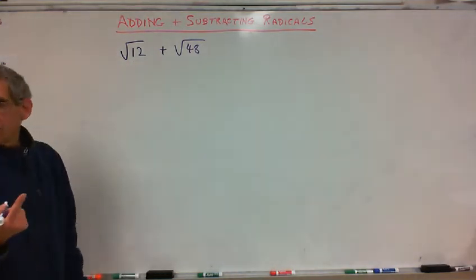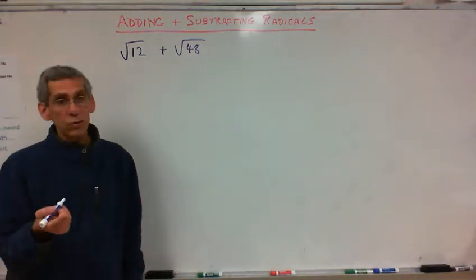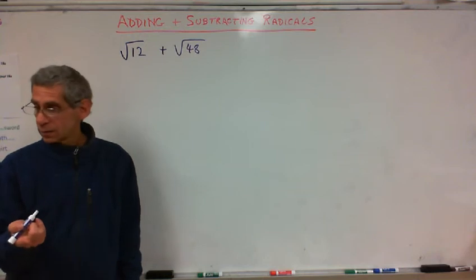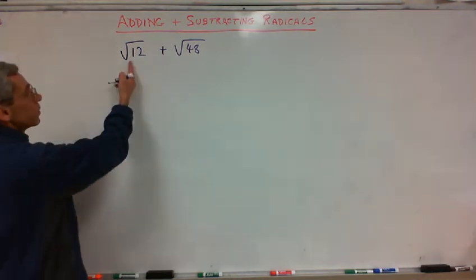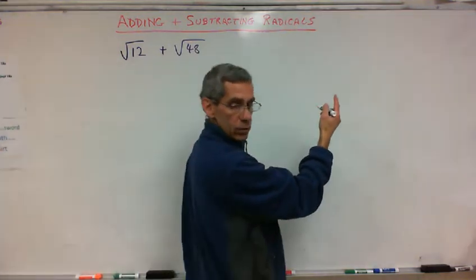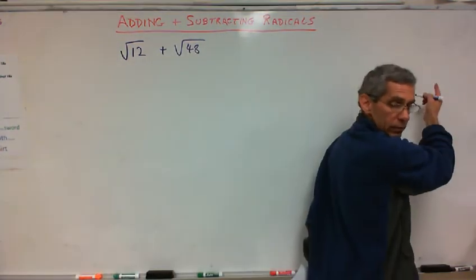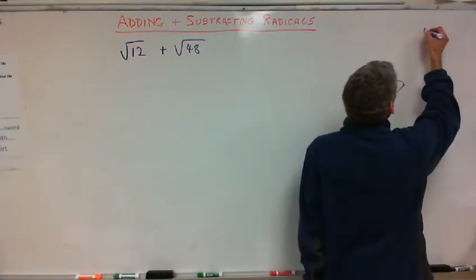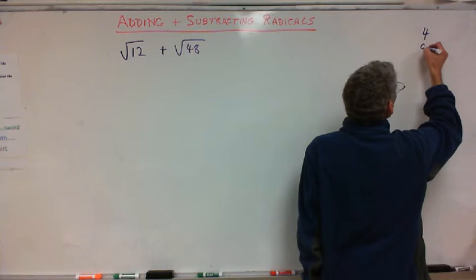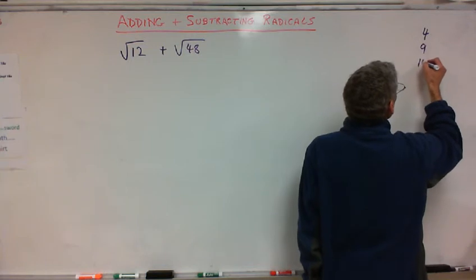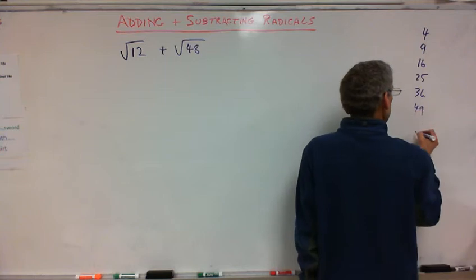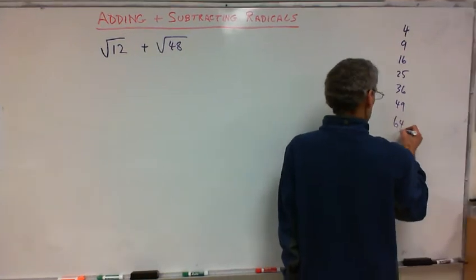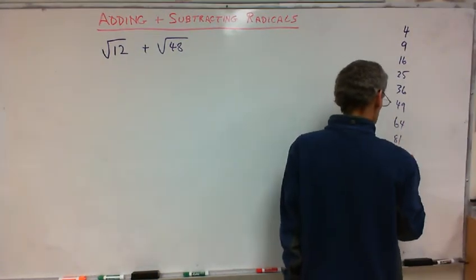So what you try to do is you simplify each one. So we're looking for our perfect squares. That's the only thing we care about. 4, 9, 16, 25, 36, 49, 64, 81, 100.